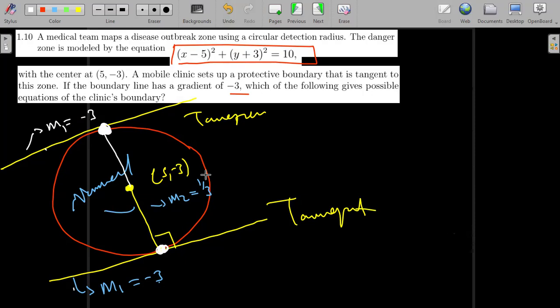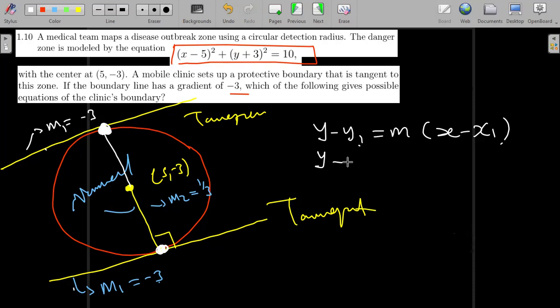Okay, so the equation of this normal line will be in the form y minus y1 is equals to m, x minus x1. So y1 and x1 will be gotten from this point here. Remember this normal line passes through the center, which is 5, 3.